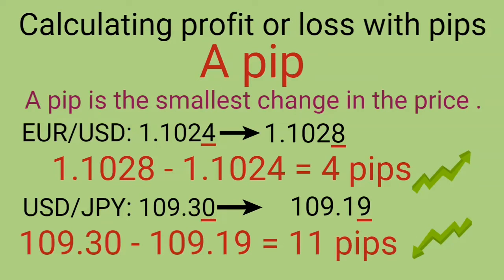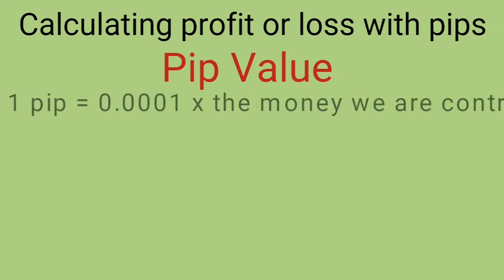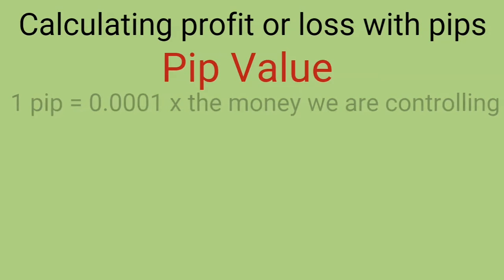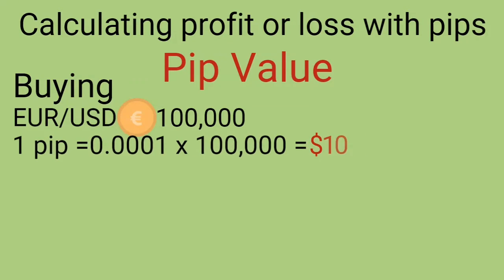To finish calculating our profit or loss, we need to know the value of every pip in each trade. This value depends on how much money we control in every single trade. For example, if we start a trade by buying 100,000 of the base currency, this means that the pip value is $10.